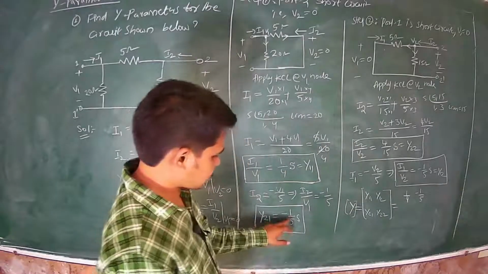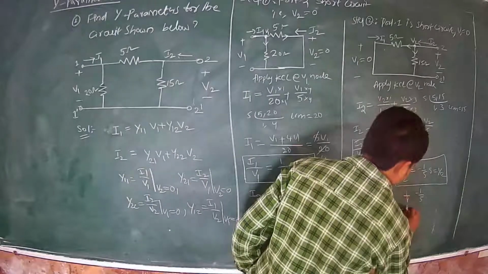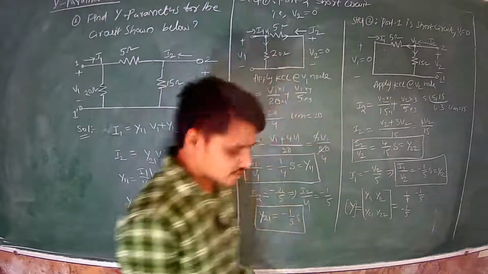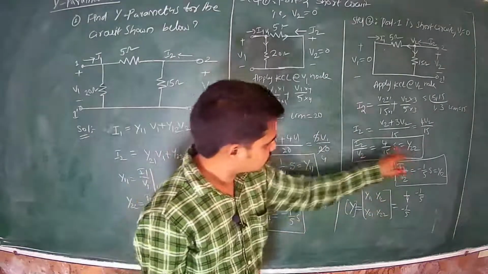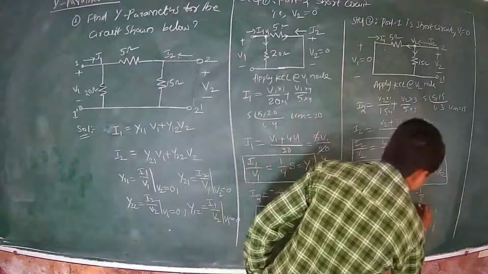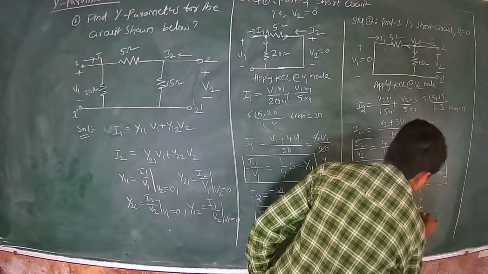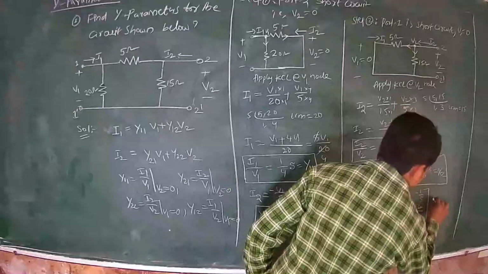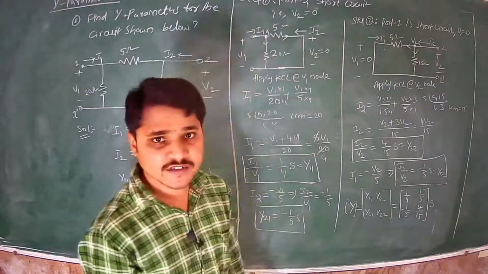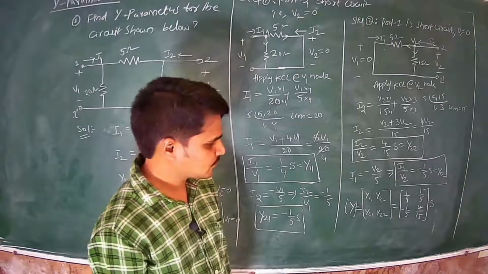Next, Y21 is minus 1 by 5. Next, Y22 is 4 by 15 Siemens. The unit for admittance is Siemens or Mhos.